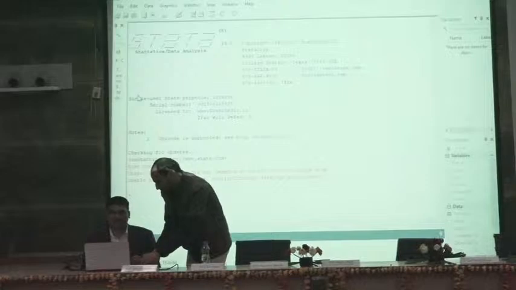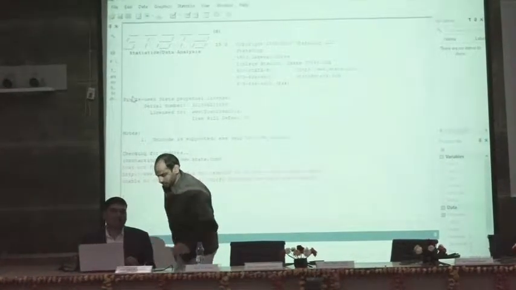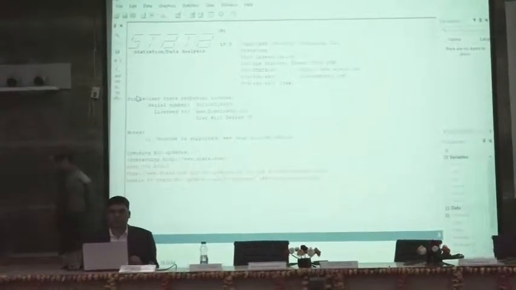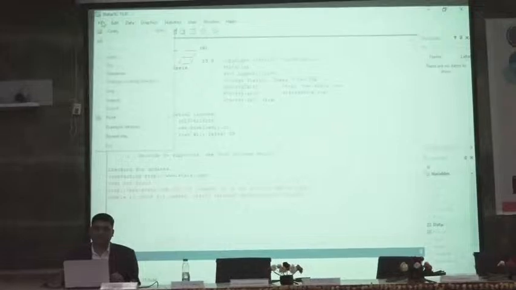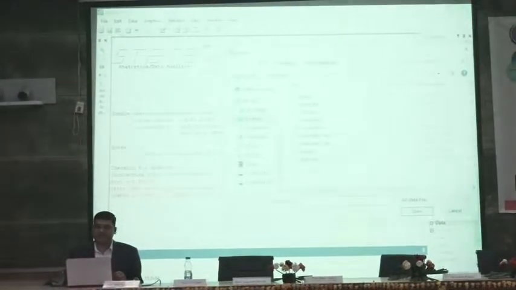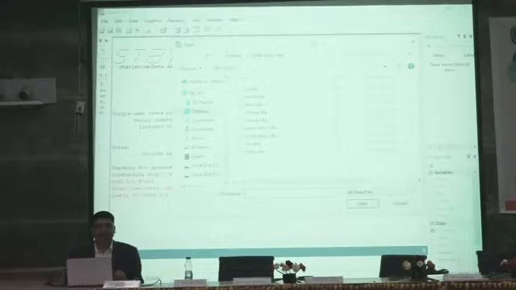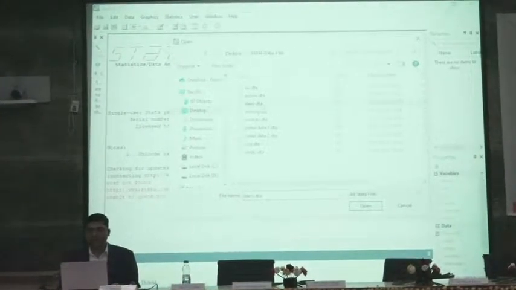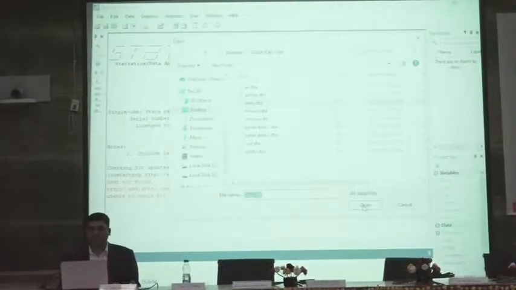How to import the data? Go to File, then Open, and then select the file where you have saved your file. For example, any file, say the daily file, and then click on Open.